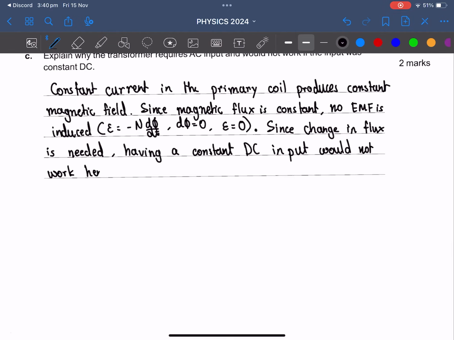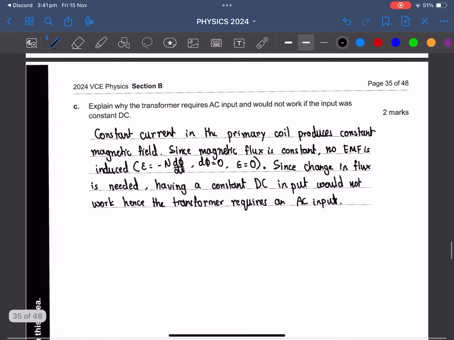Hence, the transformer requires an AC input.